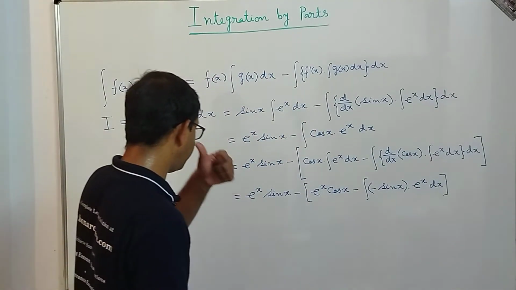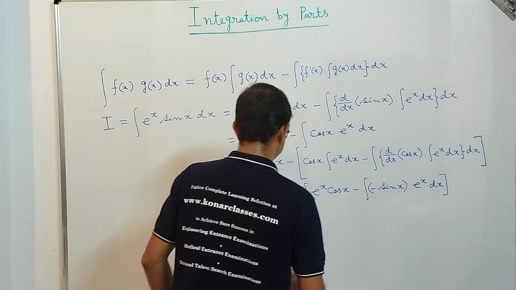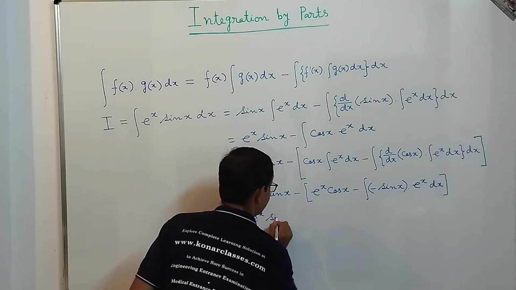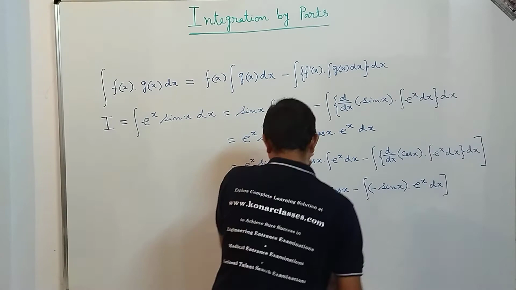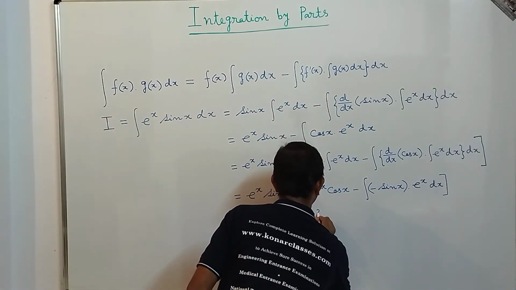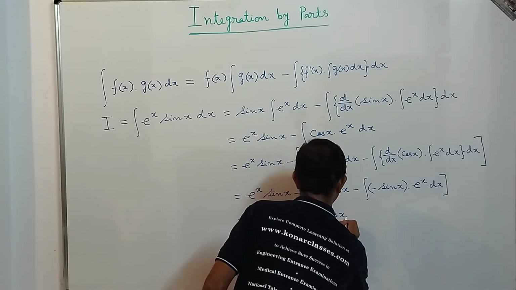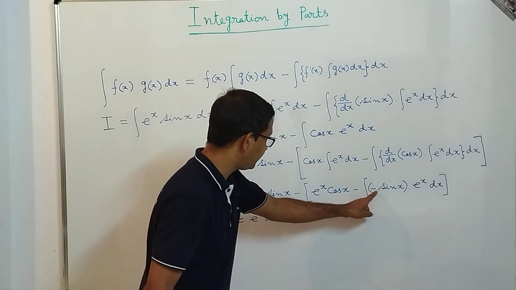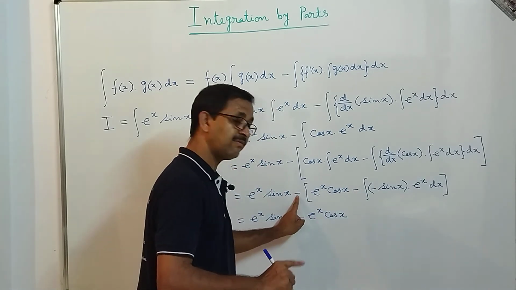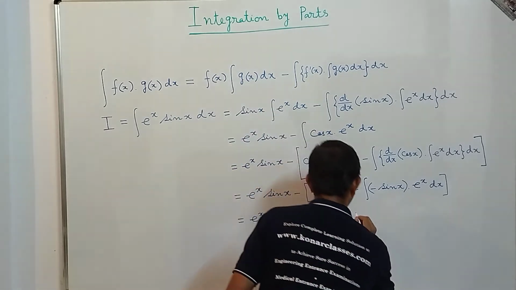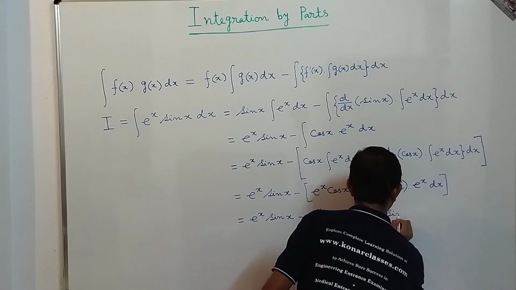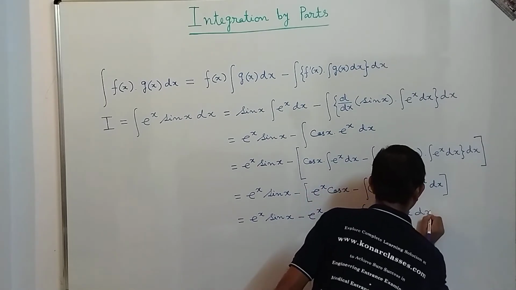Okay, dear students, then what do we get here? This is equal to e^x sin x minus e^x cos x. Now this minus and this minus become plus, and that plus multiplied with this minus becomes minus. So ultimately we get minus integration of e^x sin x dx.